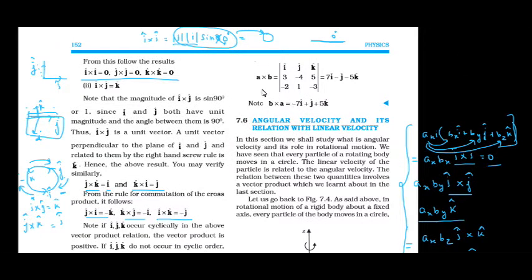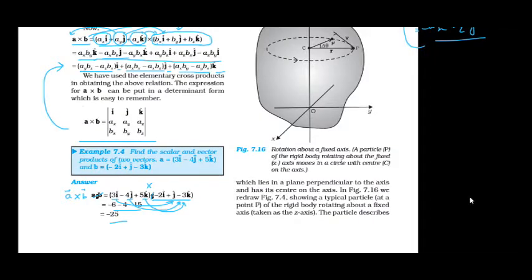Now A cross B, okay, another way: in the determinant they have given A cross B, i j k, 3 minus 4 5, minus 2 1 minus 3, and upon solving we get this one, 7 i minus and so on. This is the vector cross product, and this value is the dot product, so it is not a cross product.